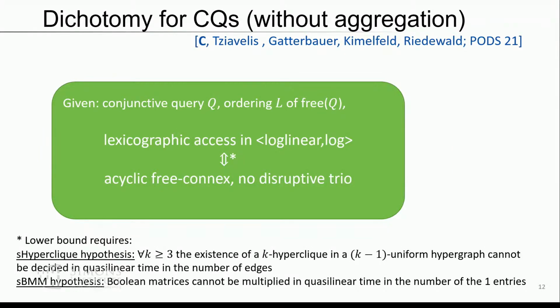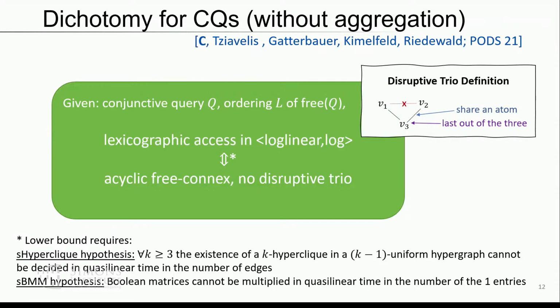And then we have this extra condition that tells us that the lexicographic order we want to achieve is something we can achieve. This is equivalent to saying that the lexicographic order is the reverse of an elimination order, for those of you who know what it is. But if you don't, there is actually a condition that's quite easy to understand or verify that tells us what the interesting orders are. So the good orders are the ones that don't have a disruptive trio.